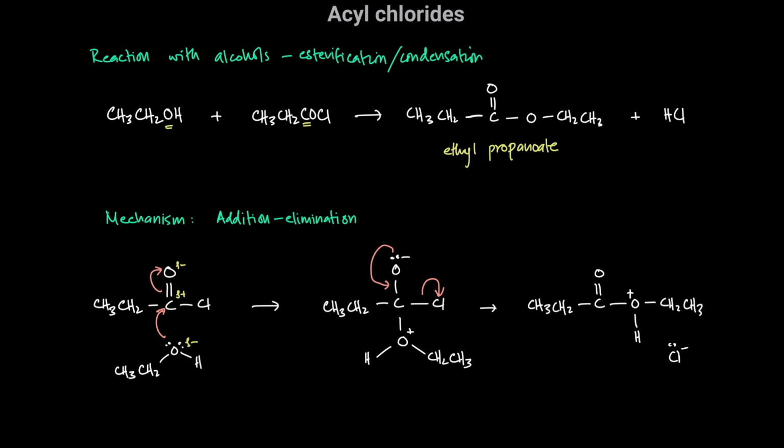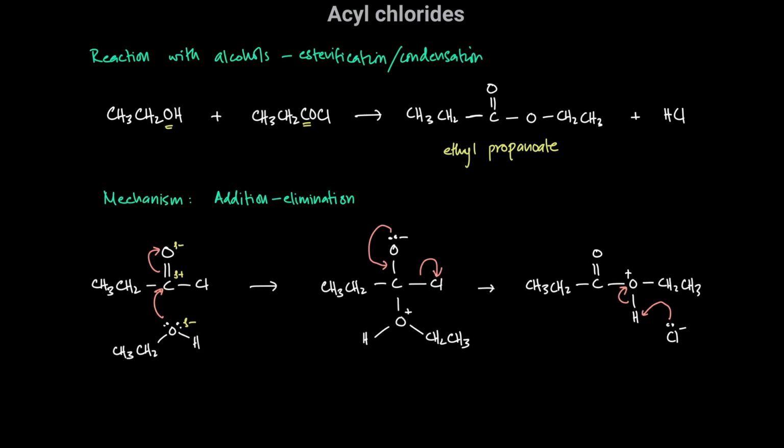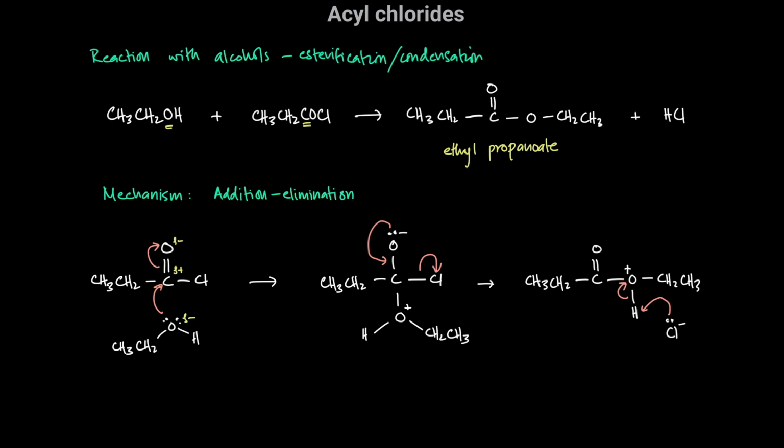Okay, so the Cl forms a bond with the H and the OH bond breaks, and then we end up with our product, right? So here we get CH3, CH2, COO, CH2, CH3. This is the structural formula for ethyl propanoate, right?